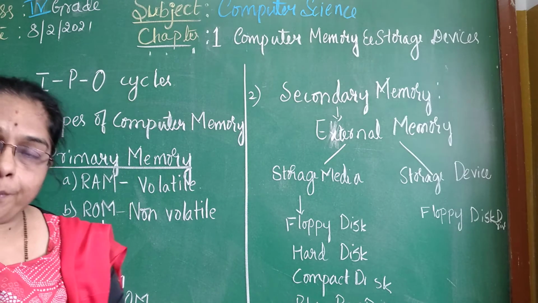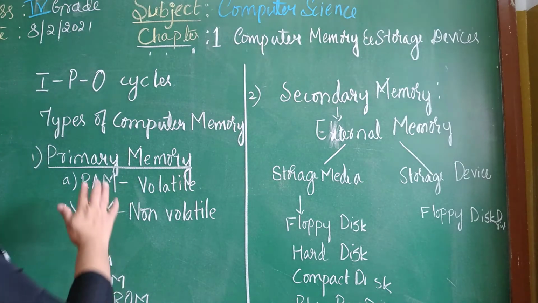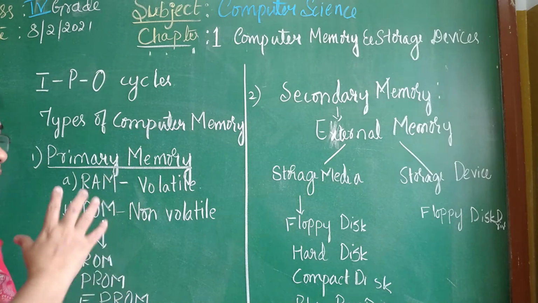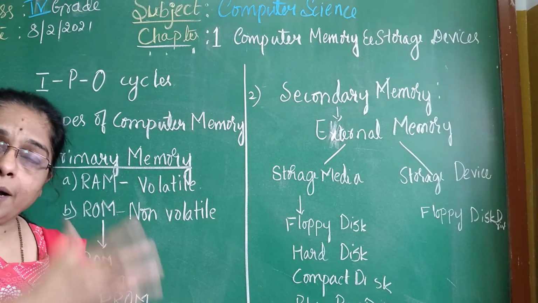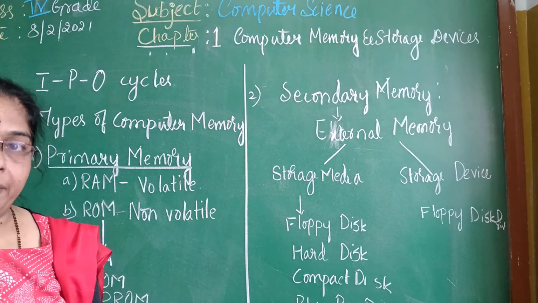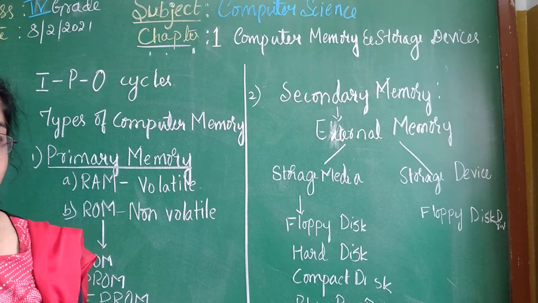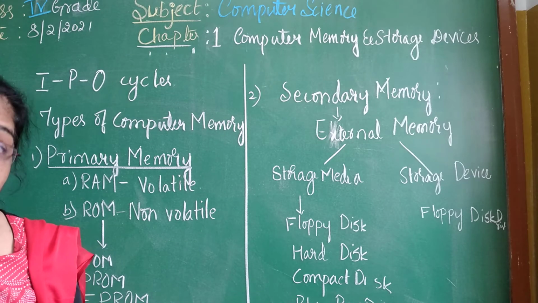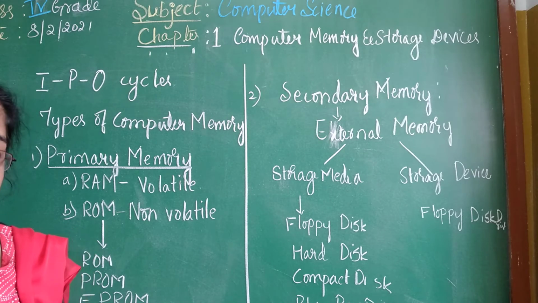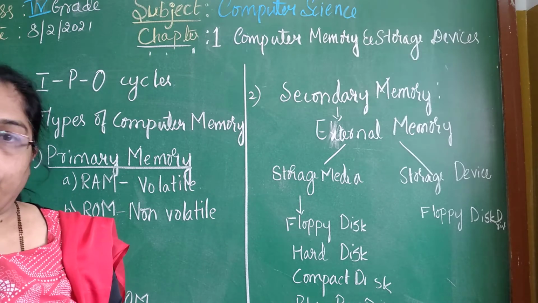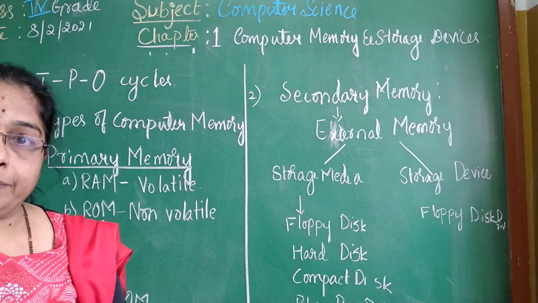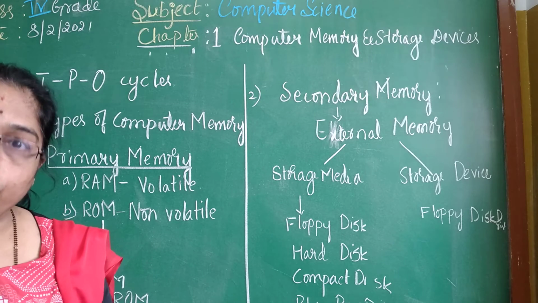As I told you, primary memory is the memory which is inside the computer. Like we people store our things in memory, but in the brain. But everything we cannot store in the brain, right children? Sometimes we have to make a note of things.